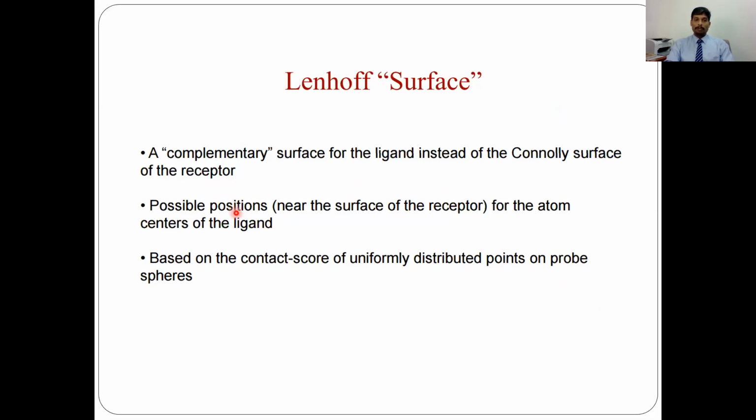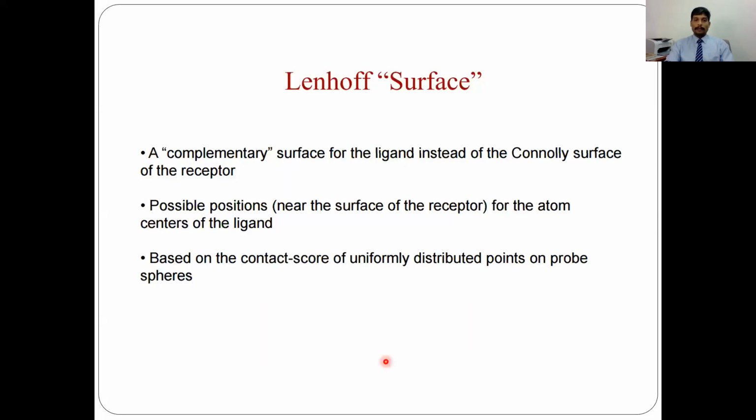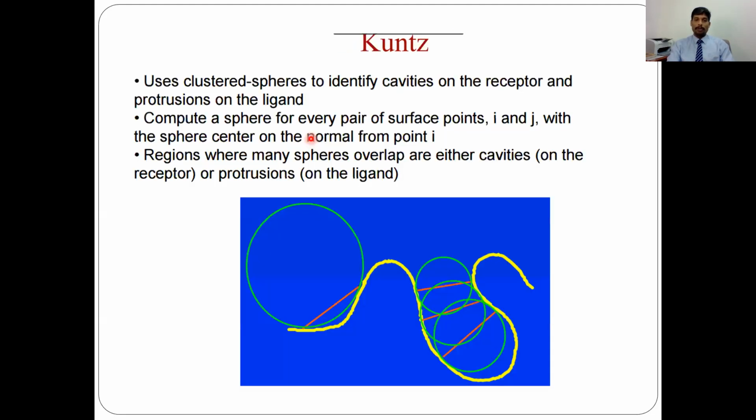So possible positions are taken from the atom centers of the ligand, between the atoms, what edges are present, and based on the contact score of uniformly distributed points on the probe force, it will try to find the surface and the grooves on the structure of the protein.